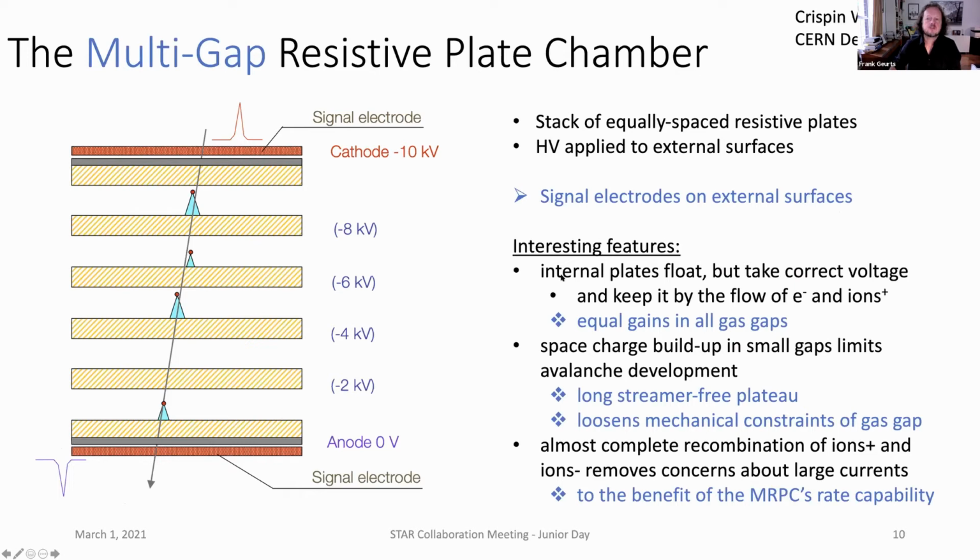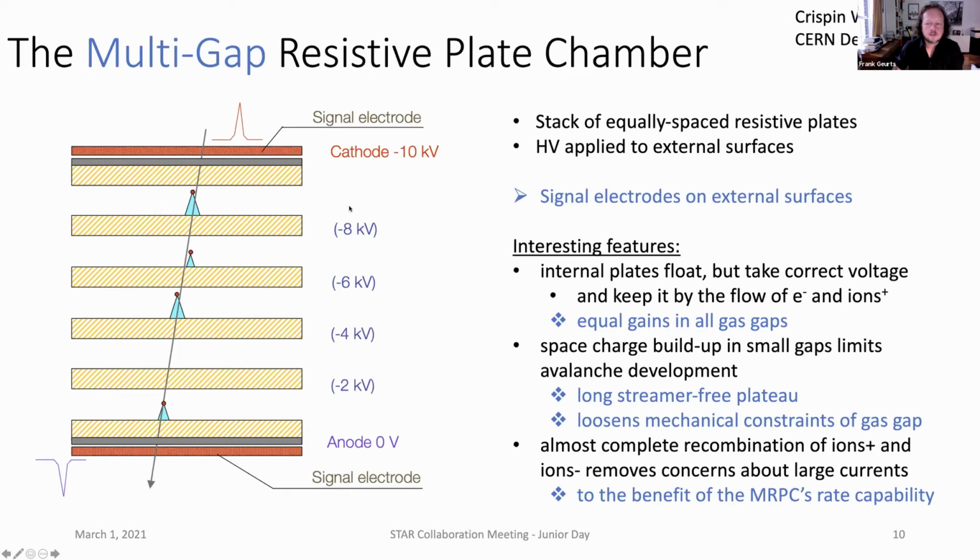There are a few very interesting features that make this a very robust detector that I want to highlight here. While the cathode and the anode are put to serious high voltages, this is 10, and in STAR we actually run 14 kilovolts, the internal plates float.